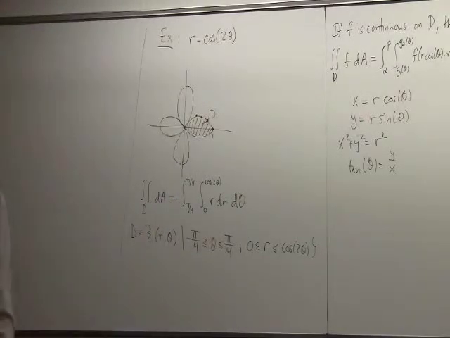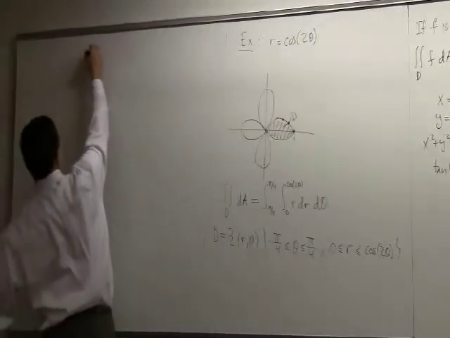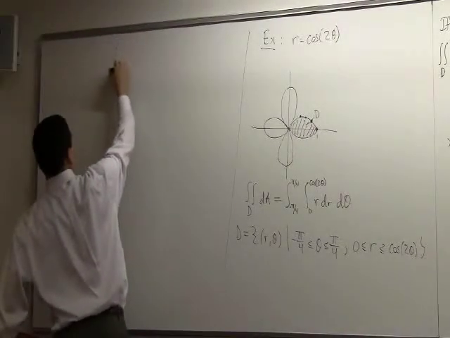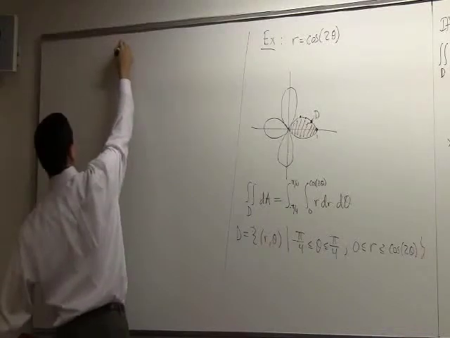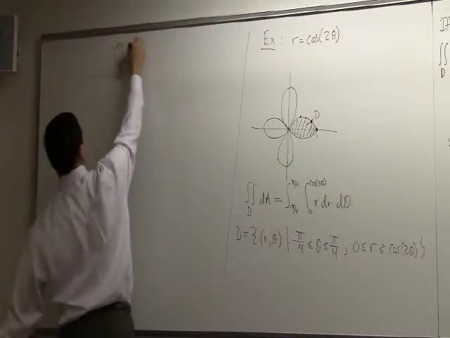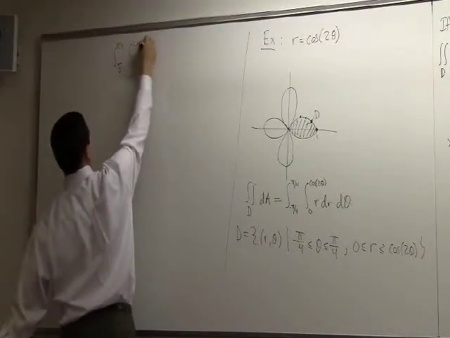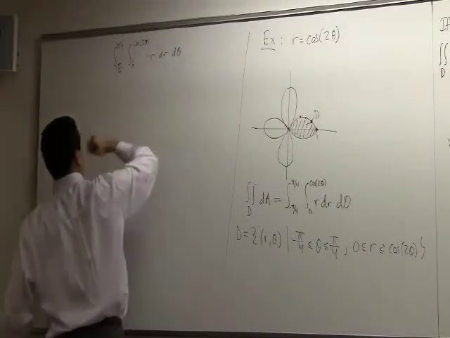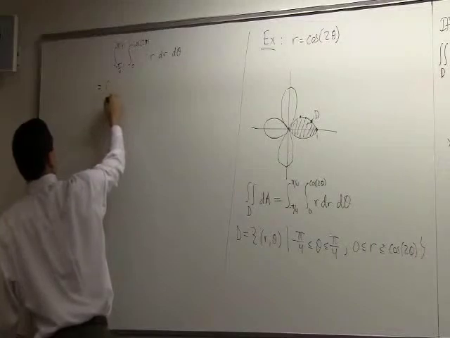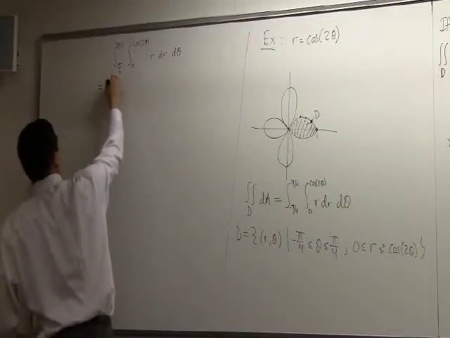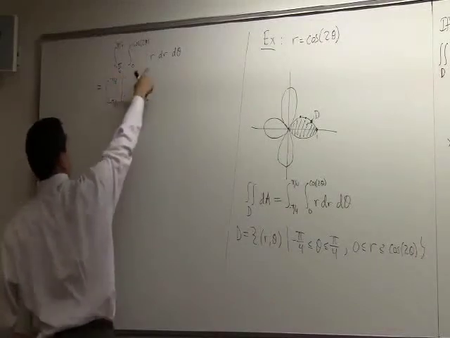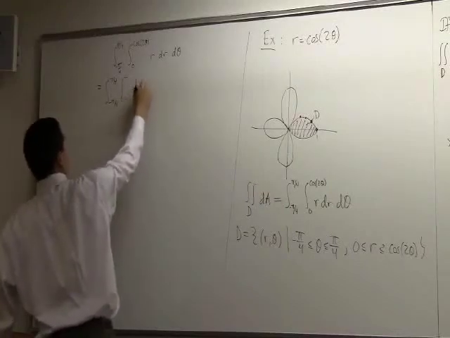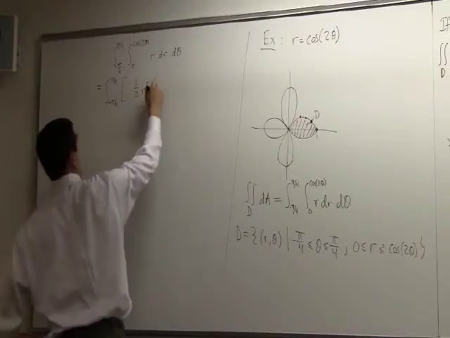And this should be fairly routine now. So let's see. You integrate from minus pi over 4 to pi over 4, integrate from 0 to cosine of 2 theta, r dr d theta. You get the integral from minus pi over 4 to pi over 4, and the integral of r is a half r squared.